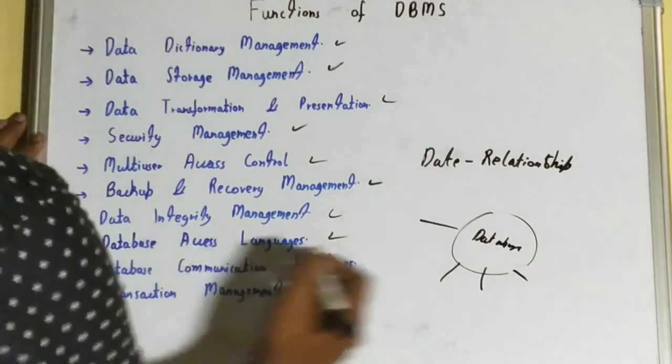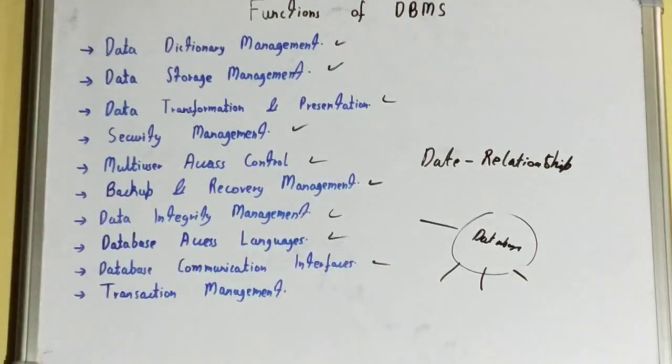Next is your database communication interfaces. When you use a database for a very large system, in that scenario your database is not accessed only by a certain system or a certain application.